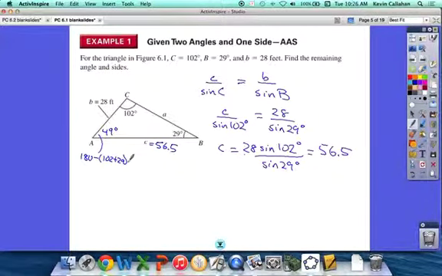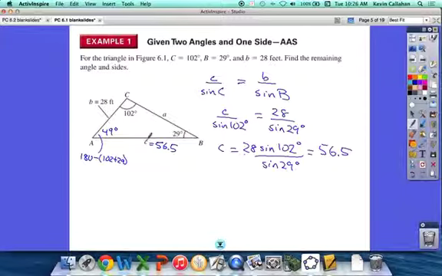And so what's the last thing we need? Side A. So again, now we definitely are going to have A over the sine of A on one side, and then you can pick, because now we know two sides and opposite angles. So you could either do B over B like that, or you could do A over A, or C over C, because you have that. How about I'm just going to do this one over again.